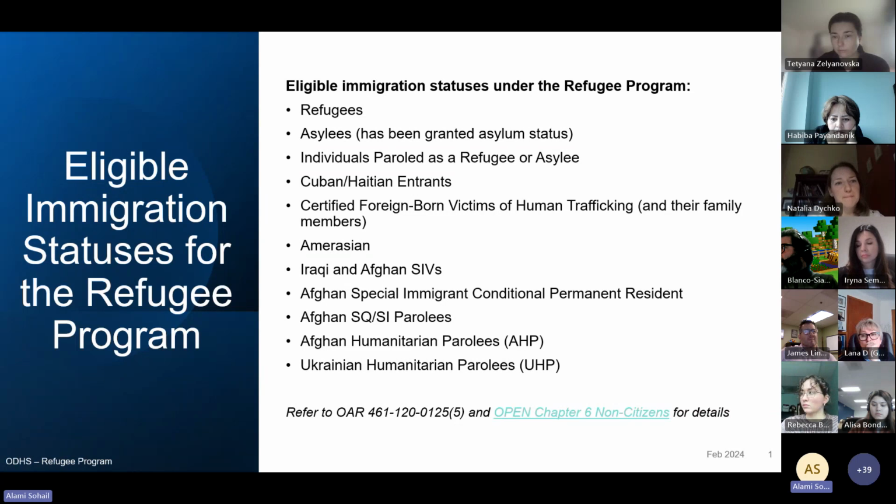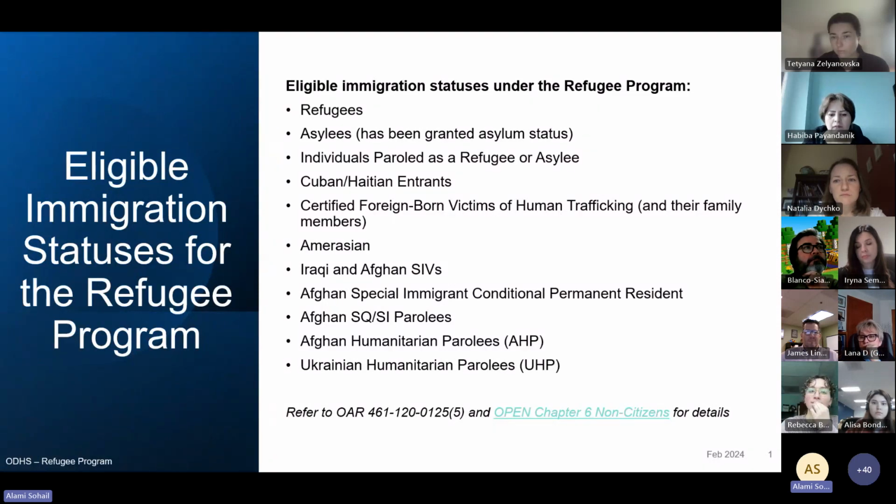We're going to cover every immigration status, and if you have specific questions about who you can serve under your contract, please send an email to your contract admin person, so we can look at your actual contract language and make sure that you're serving the right immigration categories.